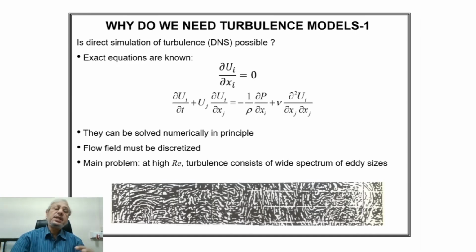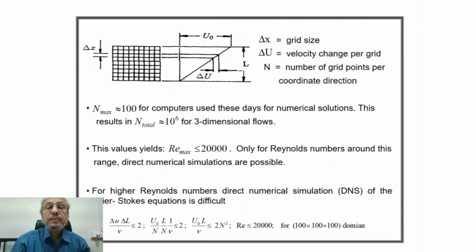So you can see, in order to simulate a domain directly for high Reynolds number flows without applying any turbulence model, you need a grid size which is able to capture the smallest scales of fluctuations.